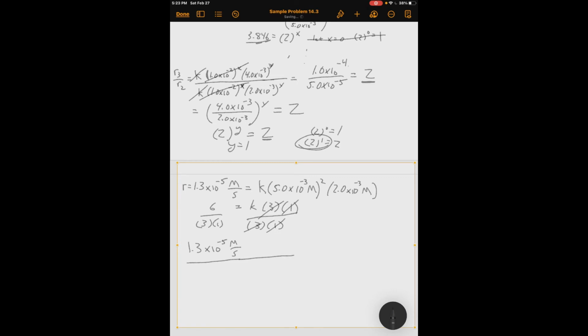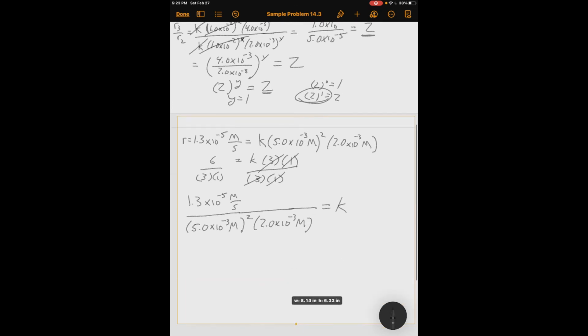Now I need a lot of room here because I got all these numbers over here on the right side that I'm going to divide by. Furthermore, I've got units, and you want to leave the units in for this step. You've also got exponents. Don't forget the exponents. That is equal to K. All right? That big mess there, right?